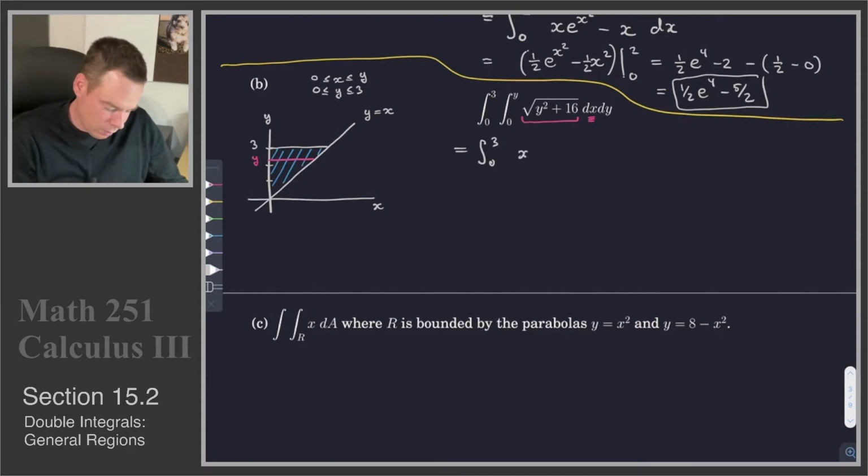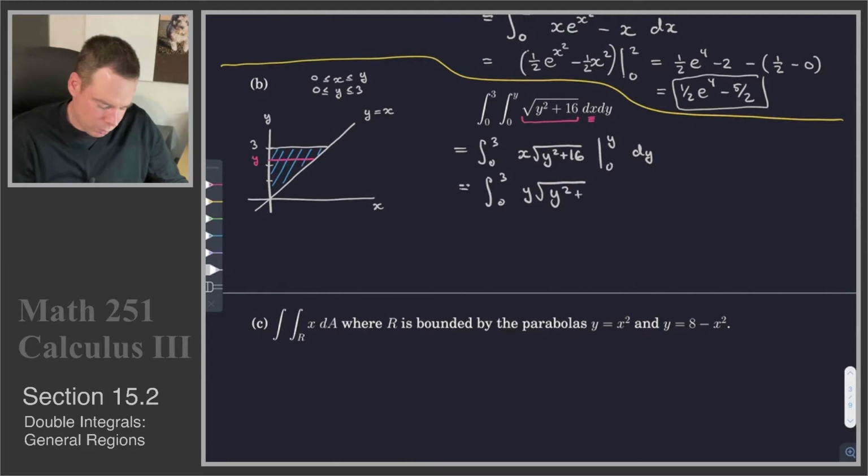The antiderivative would be x times that constant, and we are evaluating as x goes from 0 to y, dy. Evaluating at the endpoints and taking the difference gives us y times the square root of y squared plus 16 dy. And so we're done with that first integral. That was quite nice.